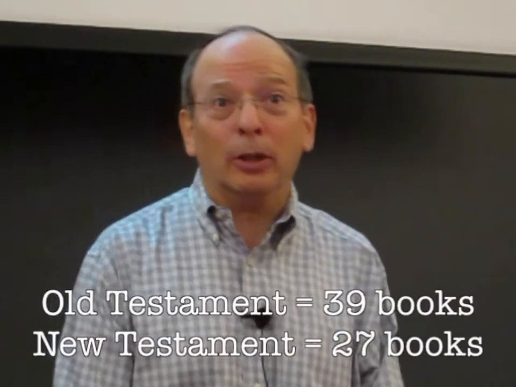So the books of the Hebrew Bible are now understood to be the first part of the Bible, because for Christians there is a second part, and to be very honest, for Christians the more important part is the second part, the New Testament, the New Bible. 27 books in the Christian New Testament.